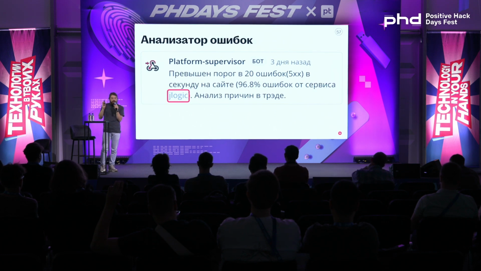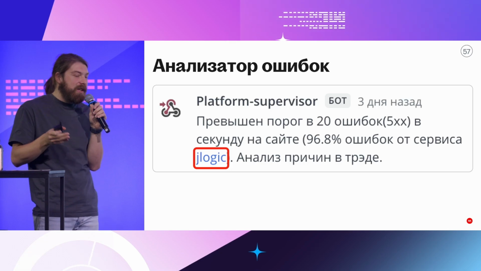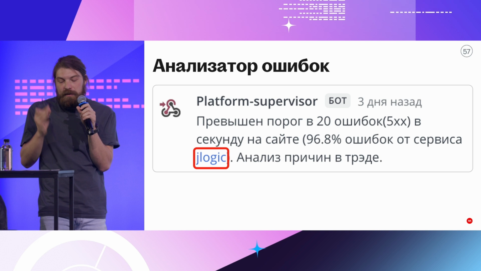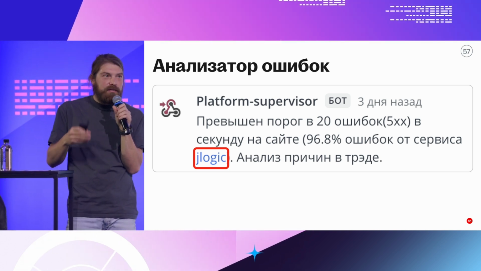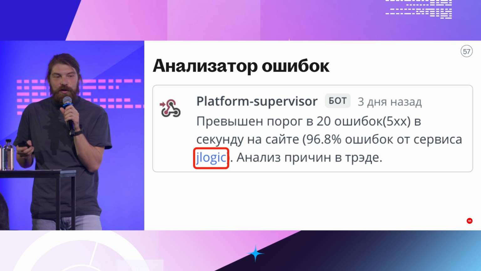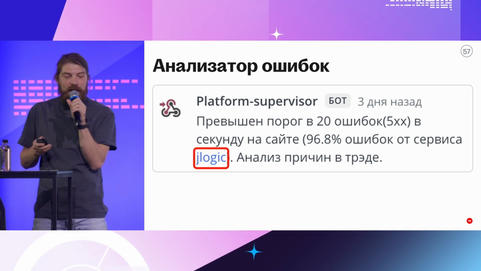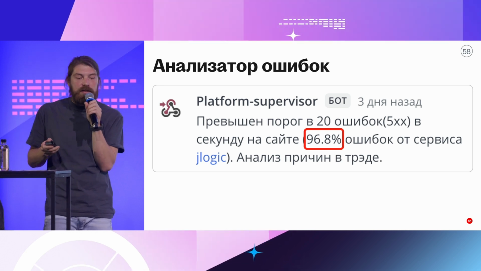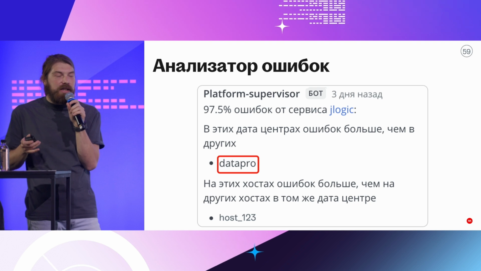So the first thing we did was the error analyzer. Imagine that we have some bad event in production. Users start to get error messages. So this analyzer fires and writes to us that problems started, and most of the problems come from this service, and it shows what percentage of errors come from that service.